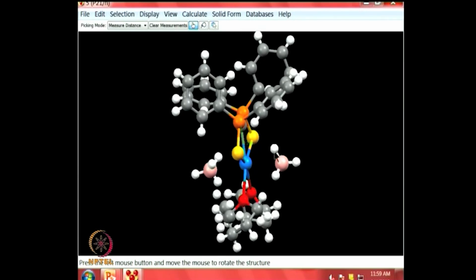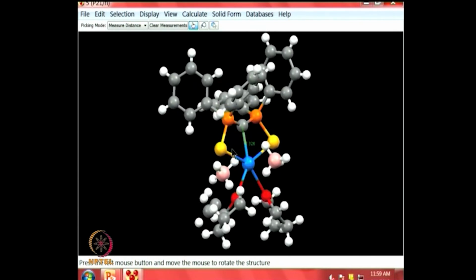So, you can see the 3 hydrogens that are on the BH4 units, they are pointed towards the uranium. They are also coordinating to the uranium, and you have these 2 sulfurs coordinating. In addition, you have the carbon, which we are interested in this lecture, that is coordinated to the uranium as well. So, here is a case where you have a very strong indication of the formation of a double bond between the uranium and carbon.